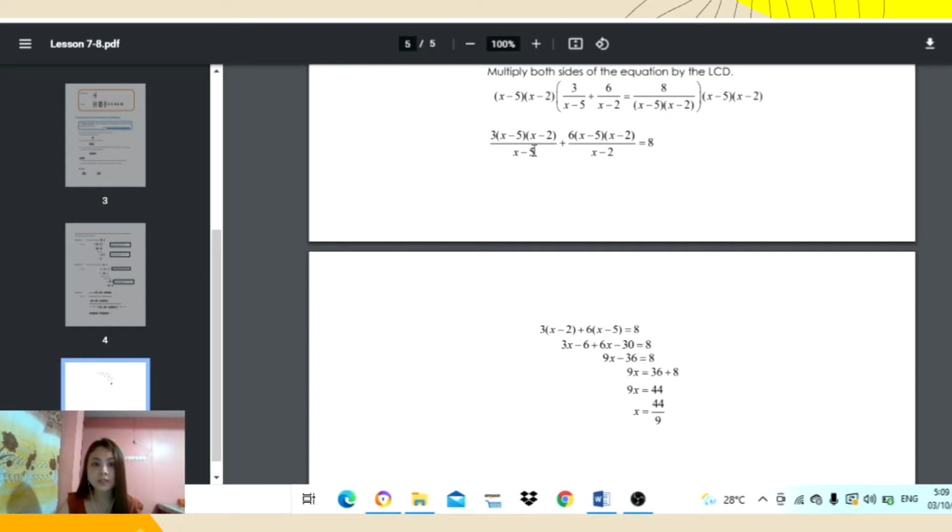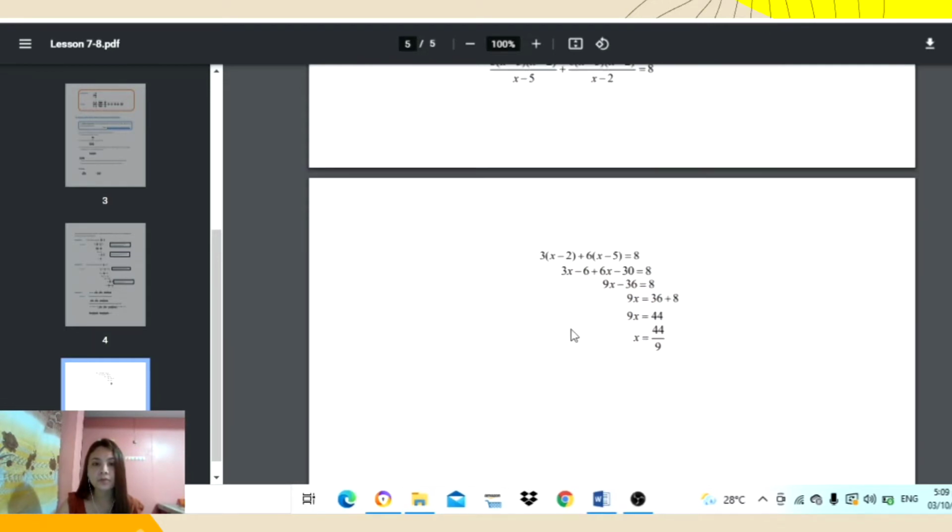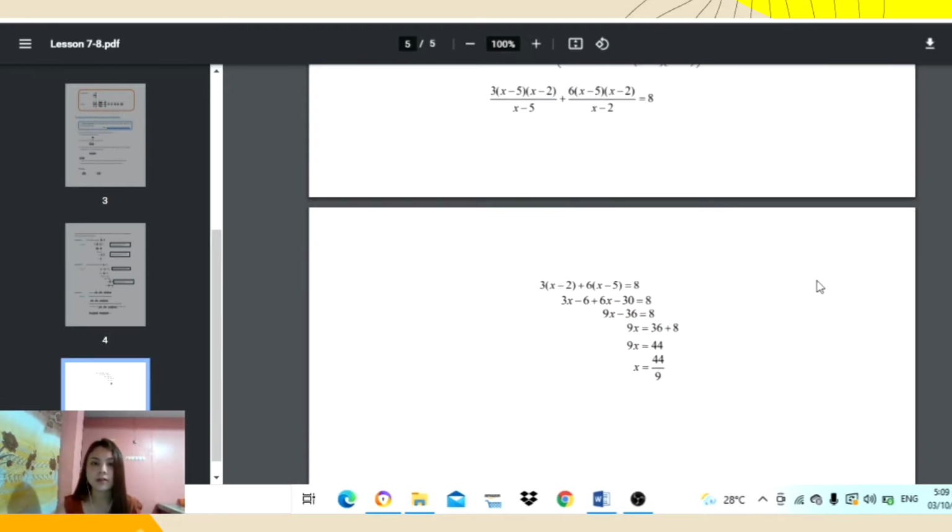That results to 1. So 3 times 1 times x minus 2 is just equal to 3 times x minus 2. And then copy the operation plus 6.